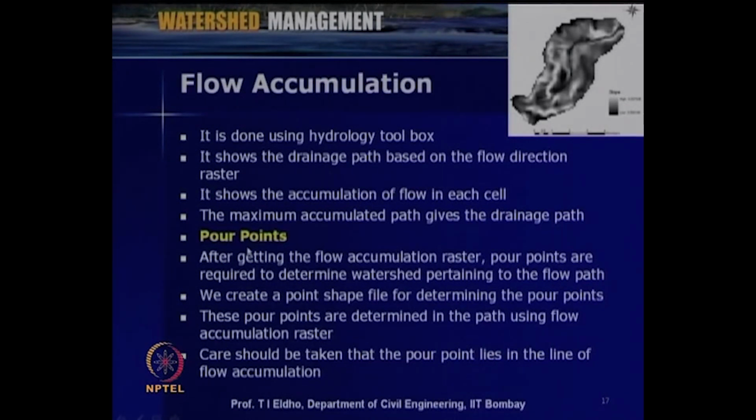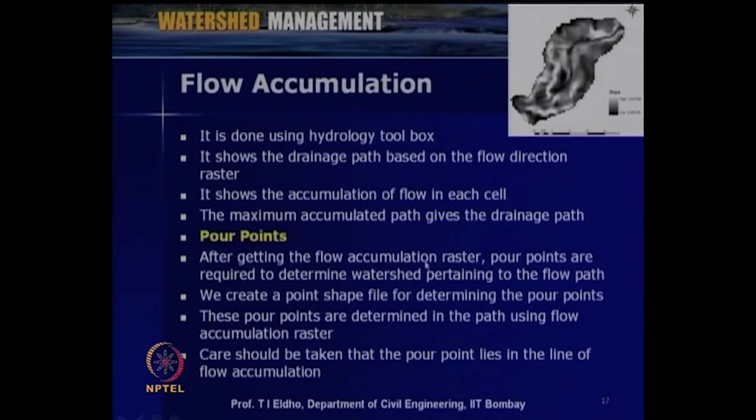Here we will identify the so-called pour points. Pour points are the points of lowest elevation, to which the water will finally be flowing. So, we identify the pour points and then give them in the software.